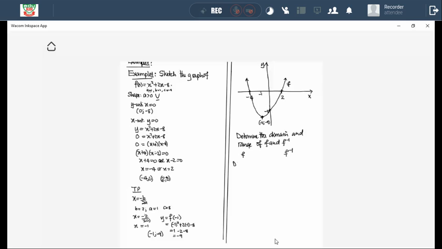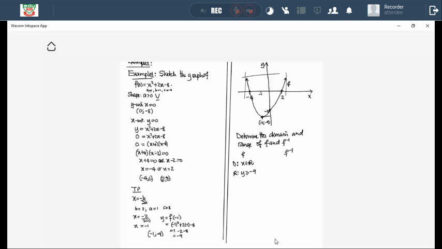Right. What is the domain of f, which is the drawn graph? You can see that this graph starts from negative infinity to positive infinity. So it means x is an element of all real numbers. What about its range? This is a cup-shaped parabola, and there is a minimum at -9, and the maximum is positive infinity. So y is greater or equal to -9. It starts at -9 going towards positive infinity.